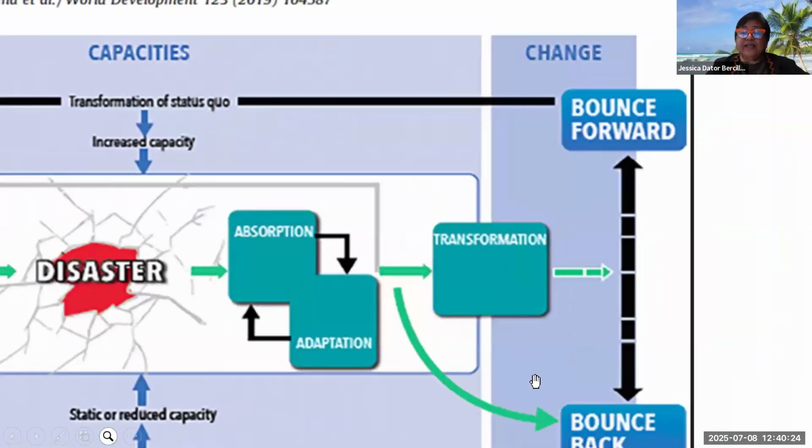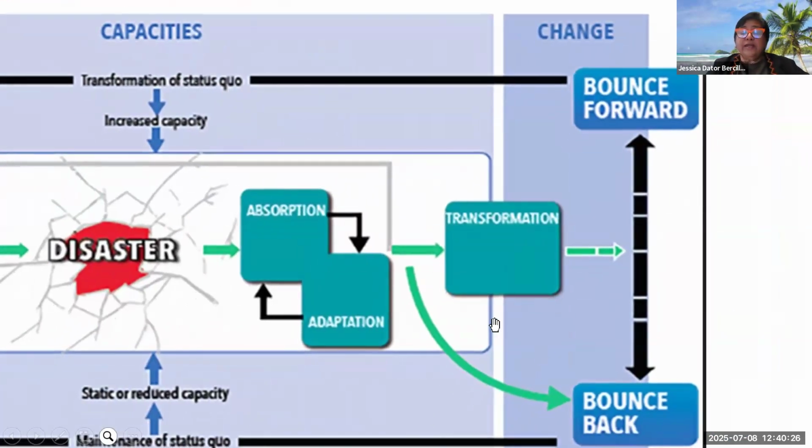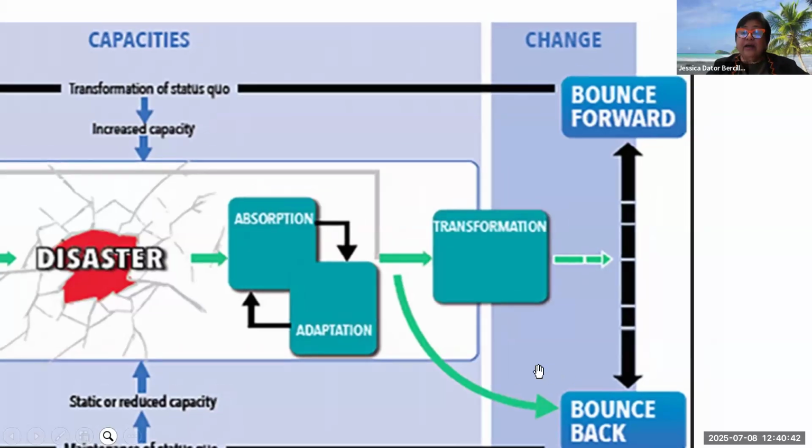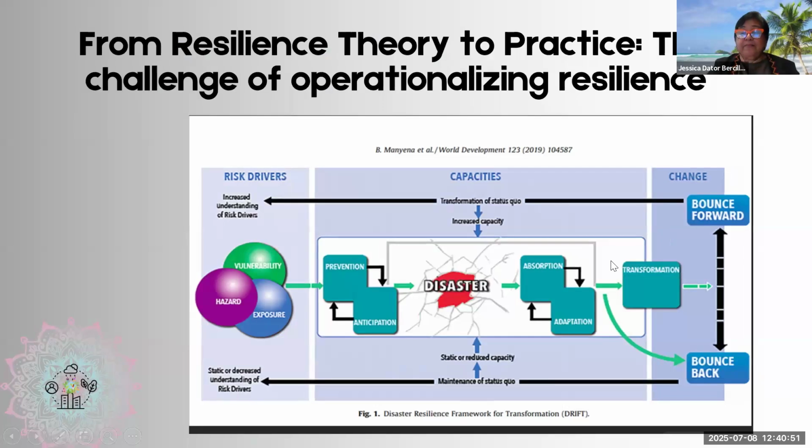And having said that, if we are transformed, we cannot go back to the state of where we were, the state that caused our vulnerabilities and our exposures. Rather, if we are really transformed, we need to bounce forward and be better than what we were before. So this is the concept of resilience that we are looking at right now.